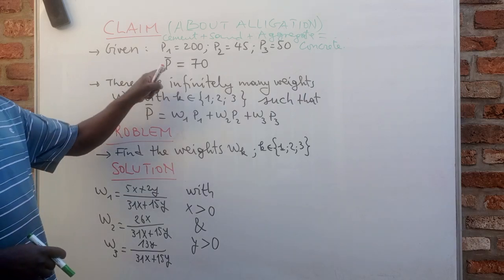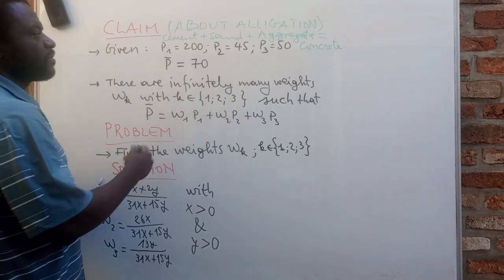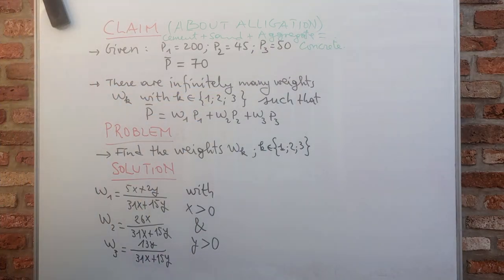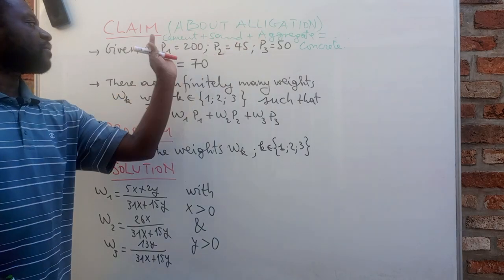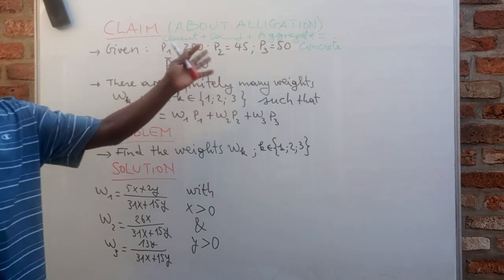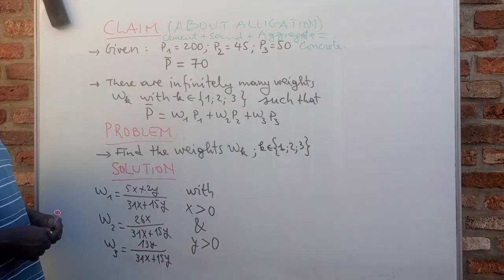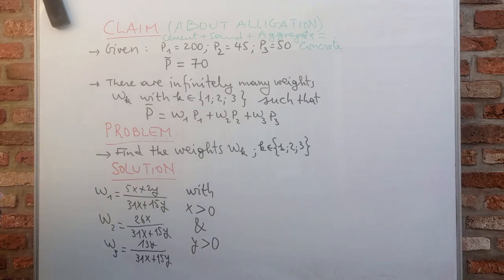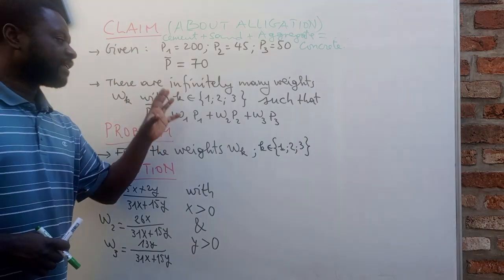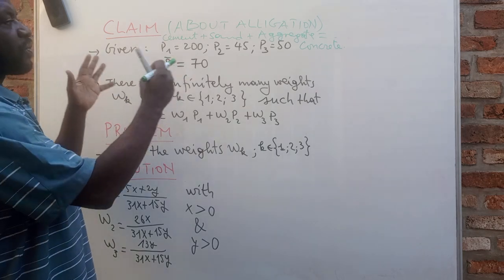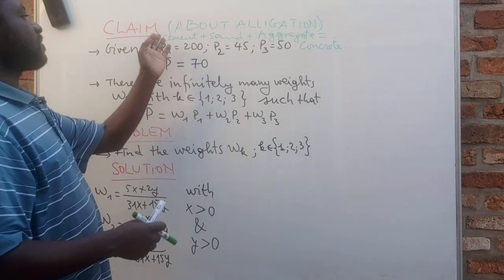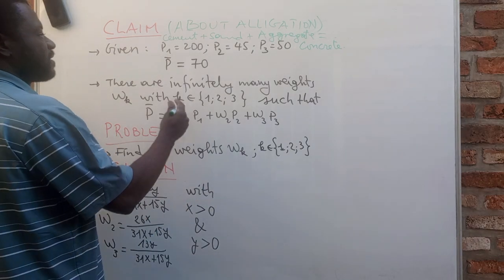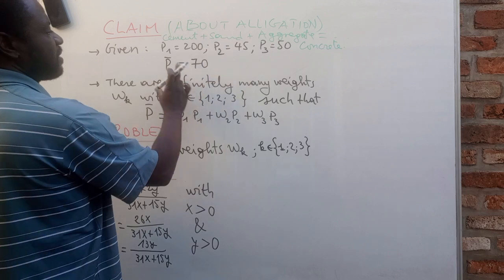So now, if we know the unit price or the unit value of the mixture, concrete, and we know also the unit values for the components, cement, sand, and the aggregate, we have to find the ratios of quantities we can mix, ratios for cement, sand, and aggregate to mix in order to find a mixture with this value.